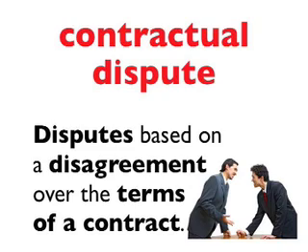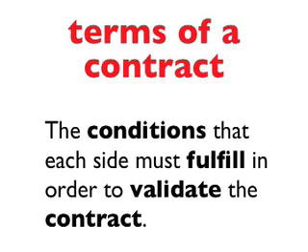Contractual disputes are a common reason for disagreements between companies. These are disputes based on a disagreement over the terms of a contract. A contract refers to any agreement, written or spoken, that is enforceable by law, and the terms of a contract are all the conditions that each side must fulfill in order to validate the contract.